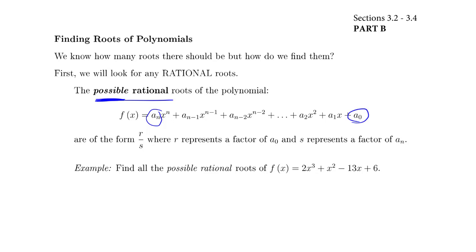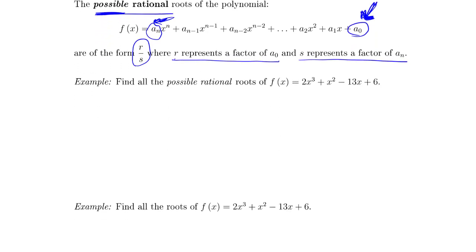So basically we know that the possible rational roots are of the form r over s, where r represents a factor of a sub 0, the constant, and s represents a factor of a sub n, the coefficient of the leading term. So we're going to take the factors of a0 and put them over all the factors of an, and we'll be able to put together a list of the possible rational roots.